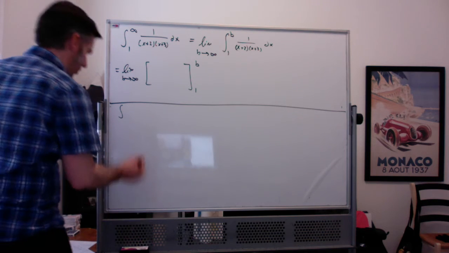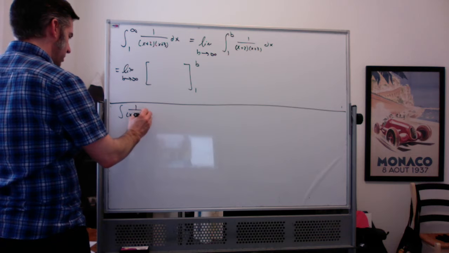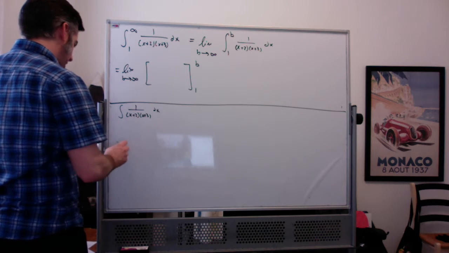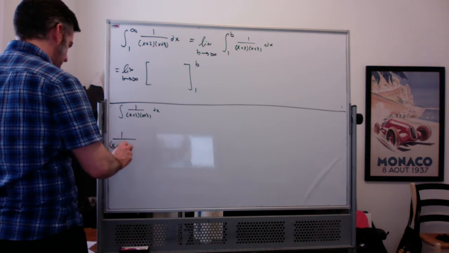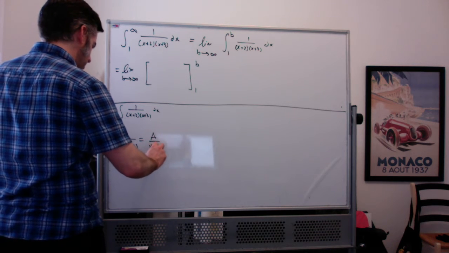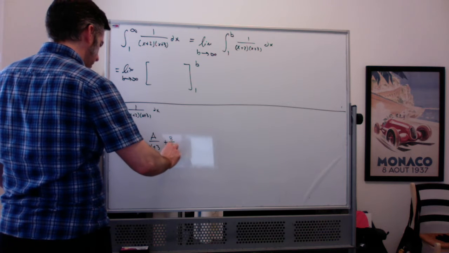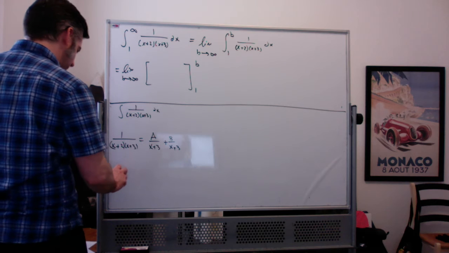Let's see, I'm going to do the integral of 1 over (x plus 2) times (x plus 3) dx by noting that 1 over (x plus 2) times (x plus 3) I can write as a over x plus 2 plus b over x plus 3. Multiply both sides by the common denominator. On the left you get 1.